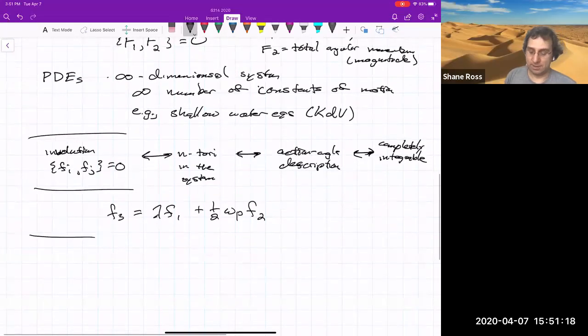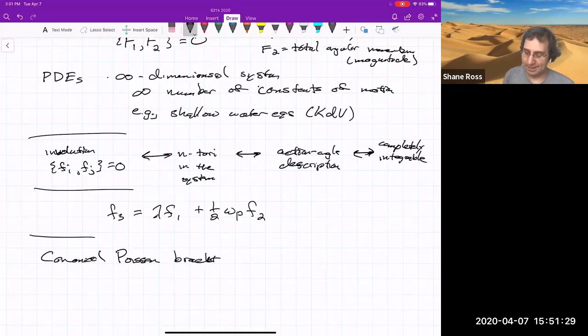All right. So now, talk about the canonical Poisson bracket. That it is preserved under canonical transformations.